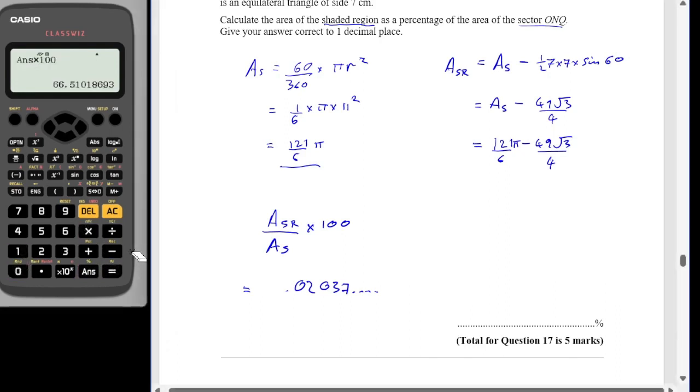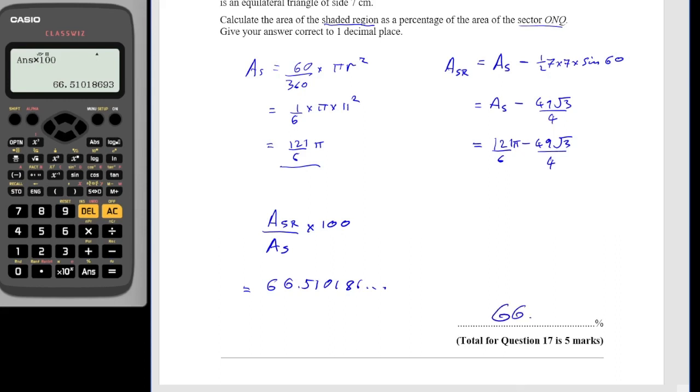So there we go, apologies about that. So my actual answer, thought it was a bit small, 66.510186... So to one decimal place, that's going to be 66.5.